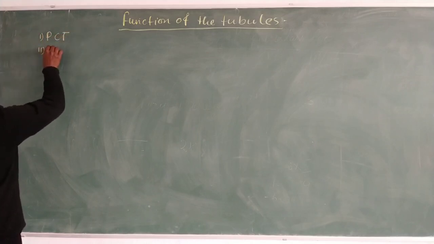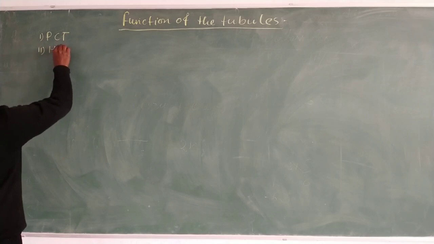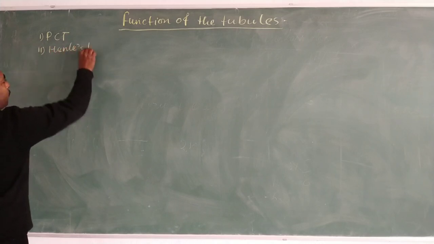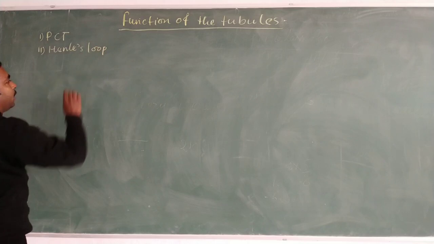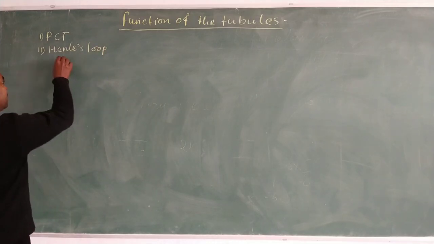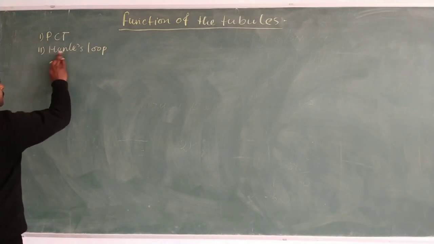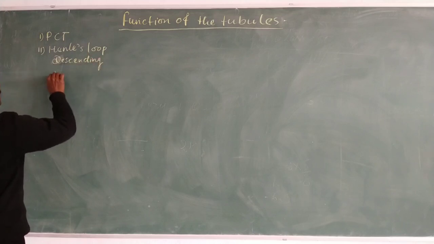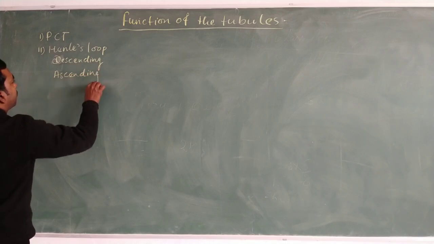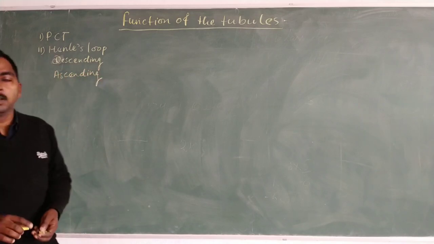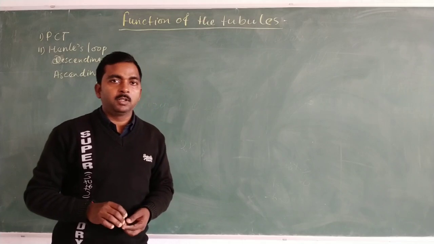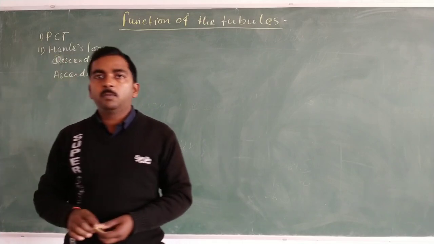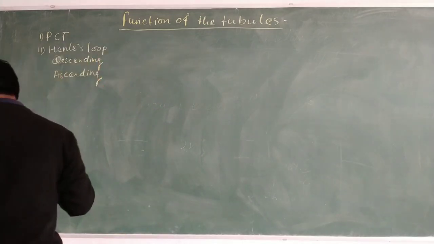Then second, we will discuss the loop of Henle. In the loop of Henle we will discuss the descending and ascending limb separately, the descending as well as the ascending limb of the loop of Henle.